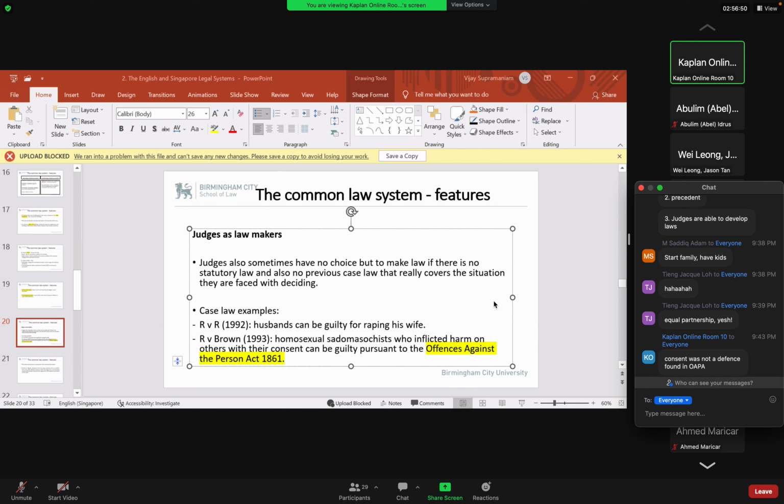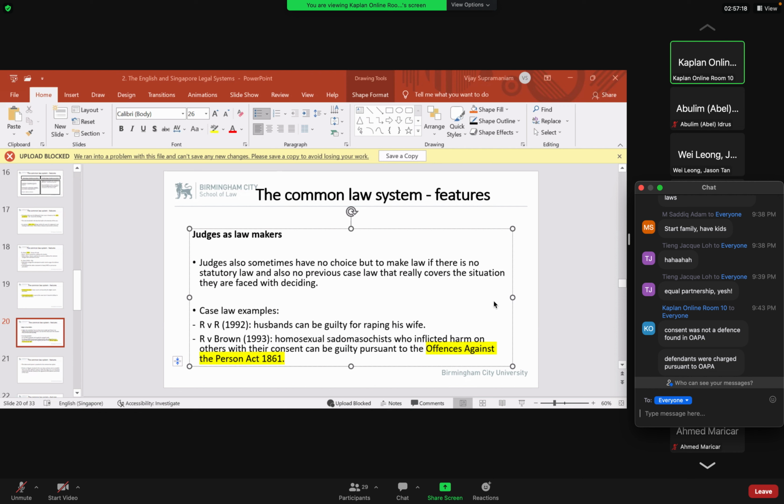So what is interesting here is that the accused were all charged pursuant to the OAPA, but the defense is based on the common law defense of consent.